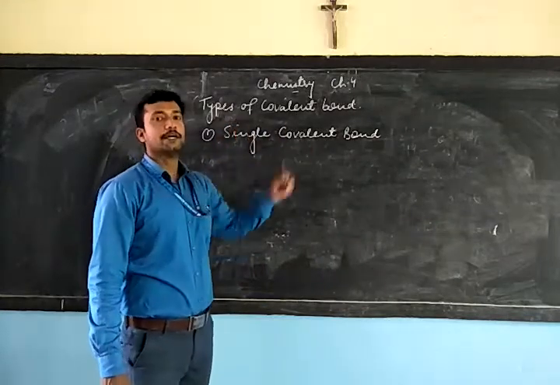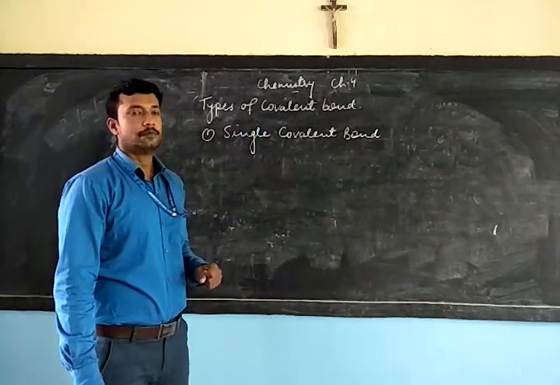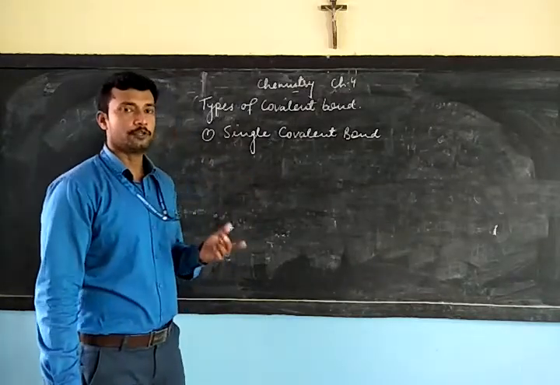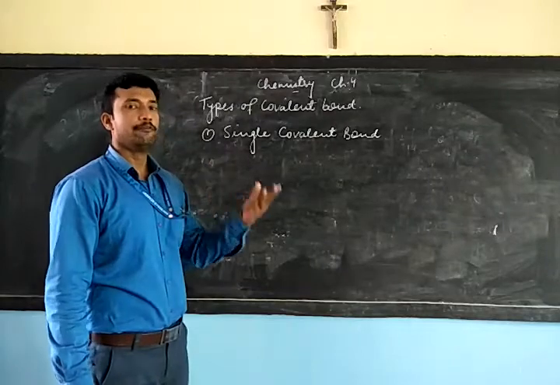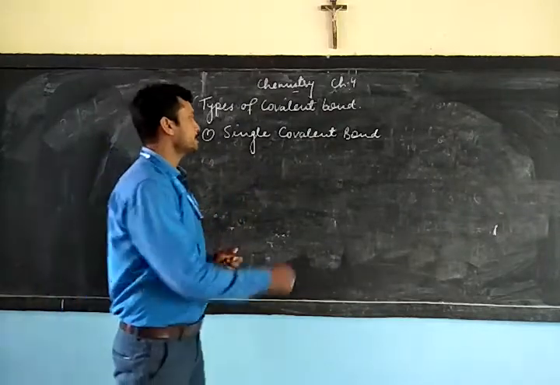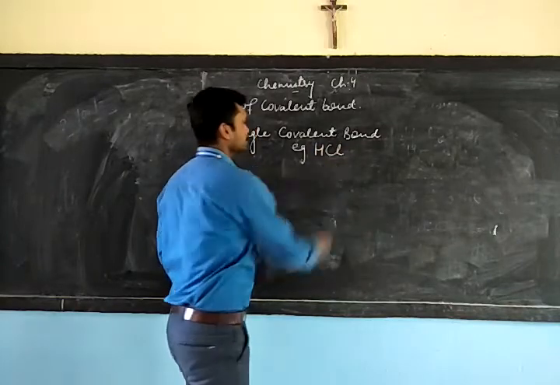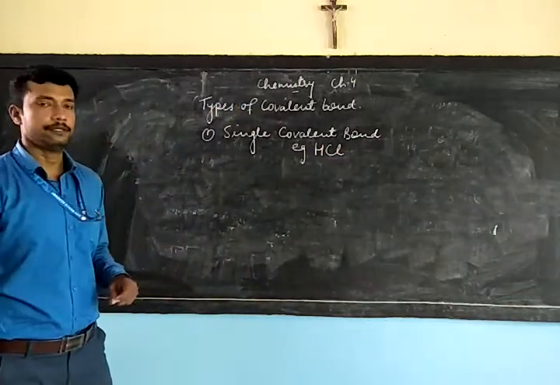So we have single covalent bond now. We are going to see how only a single bond is formed between the 2 combining atoms. I gave you few examples. Let us see the examples. Very common example is hydrogen chloride, HCl.